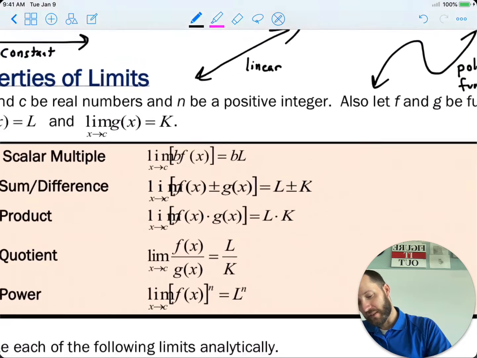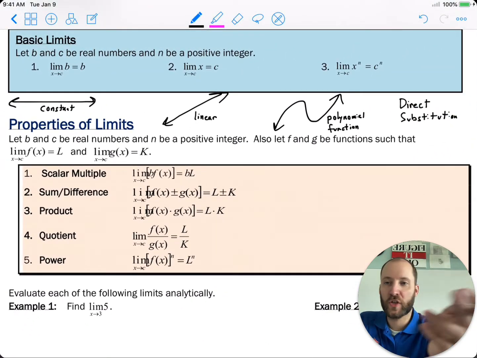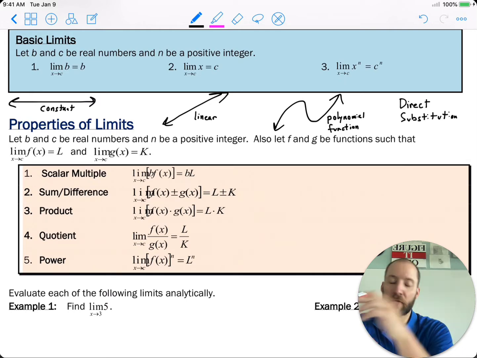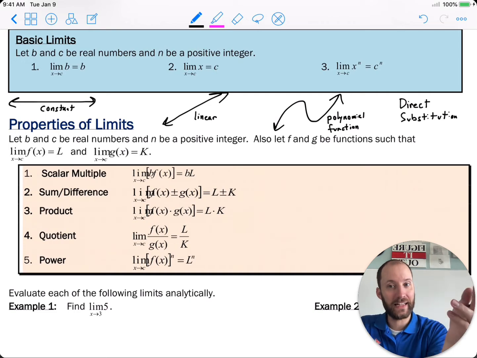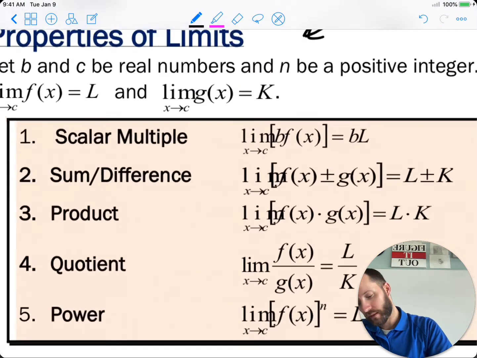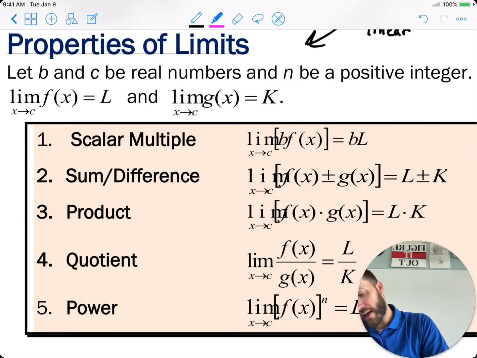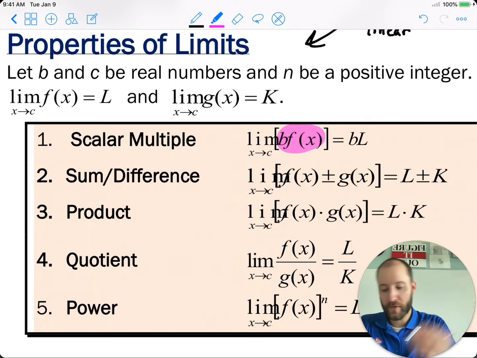Some properties of limits. Let's say that f and g are functions, so that the limit of f(x) is L, and the limit of g(x) is k, as x approaches c. So L and k we can use as limit values. Your scalar multiple limit, if you have b times f(x), go ahead and evaluate the limit of f.